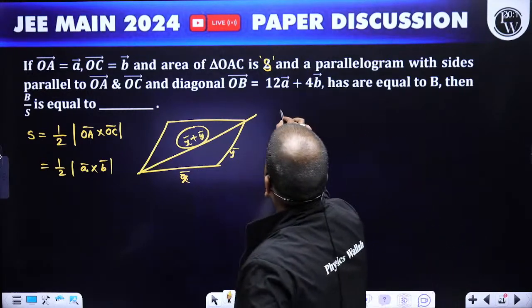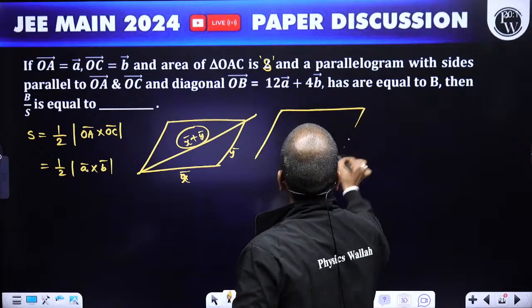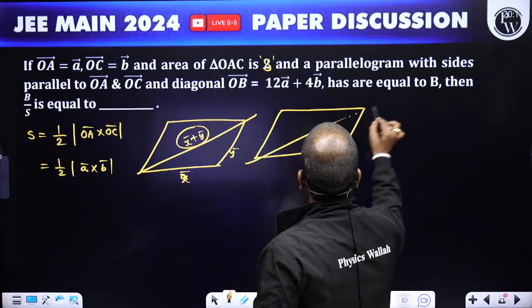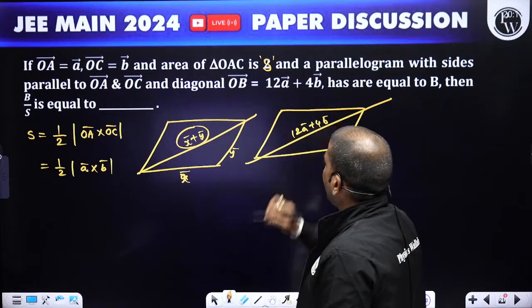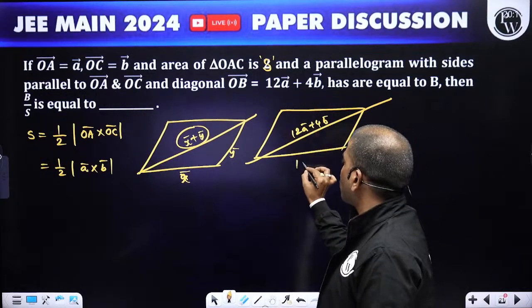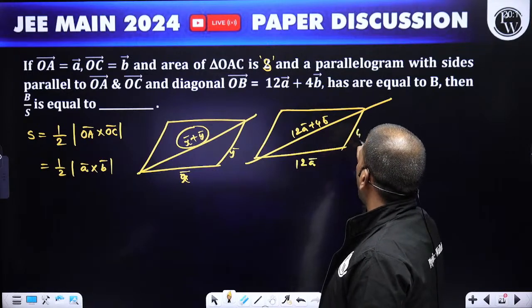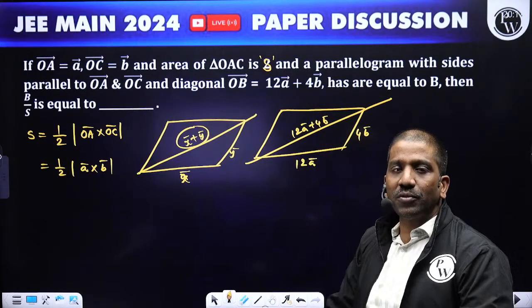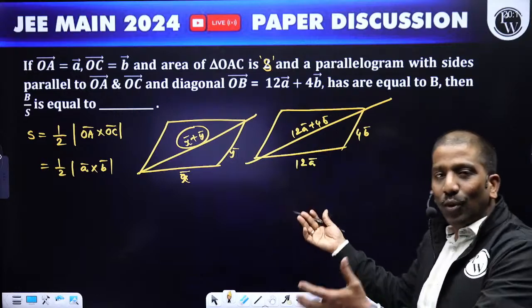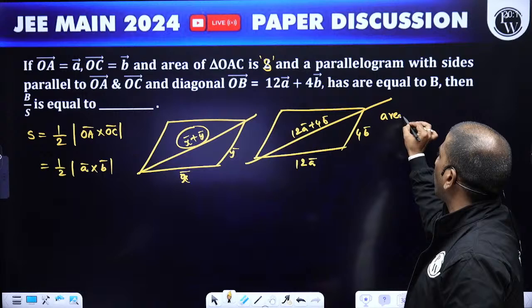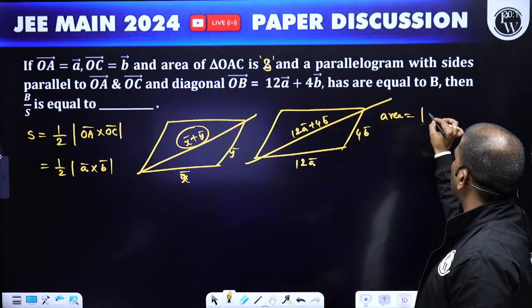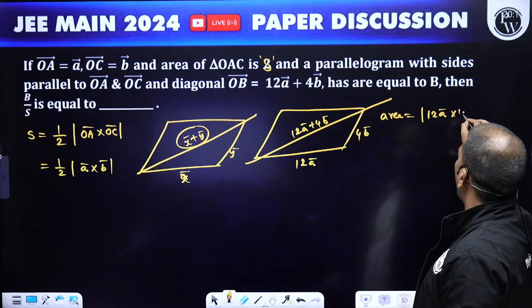But here, the diagonal is given as 12A bar plus 4B bar. When the diagonal is 12A bar plus 4B bar, shall I write 12A bar here, 4B bar here? Yes, we can write. Then you have adjacent sides. When you have adjacent sides, the area of the parallelogram is just their cross product, 12A cross 4B.